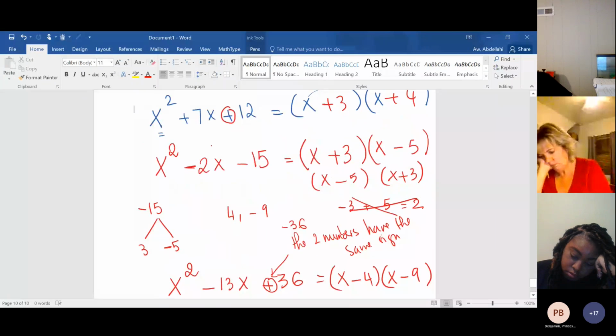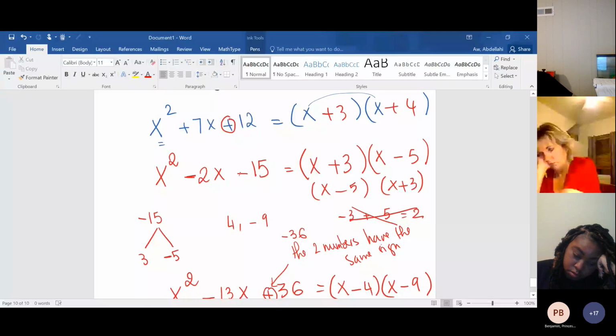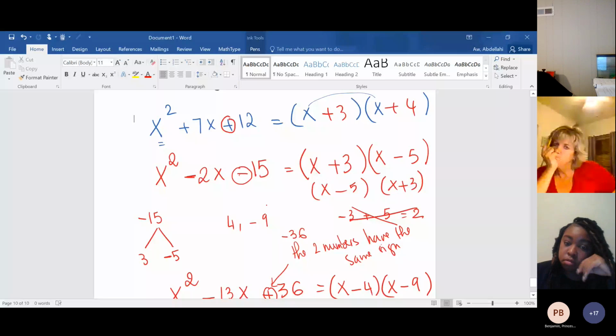You see, like in this example here, the minus 15? This is negative. It means one has to be positive, one has to be negative, right? And that's why we came up with negative 5 and positive 3. All right?